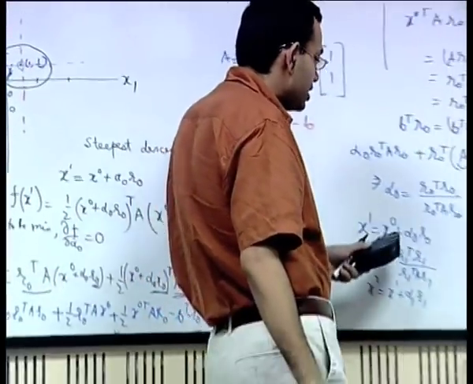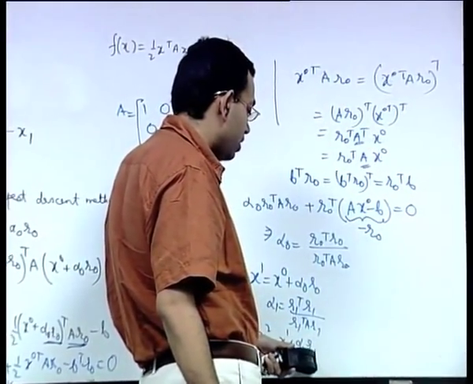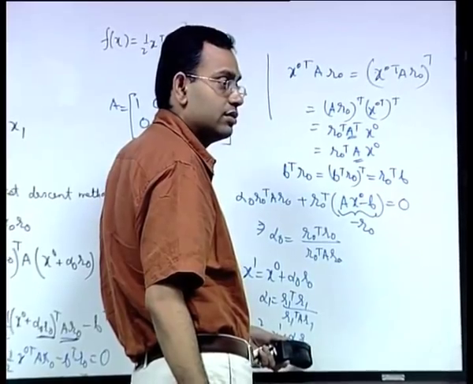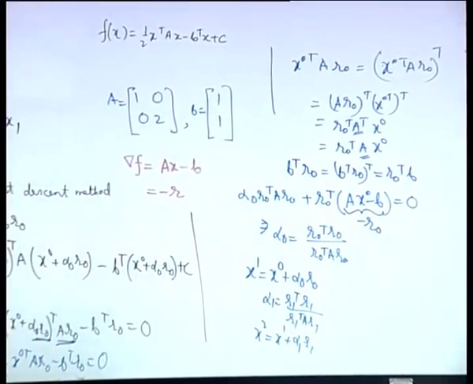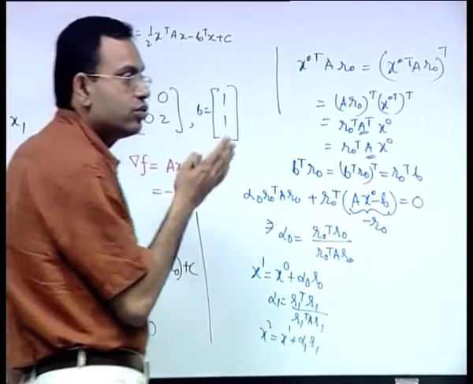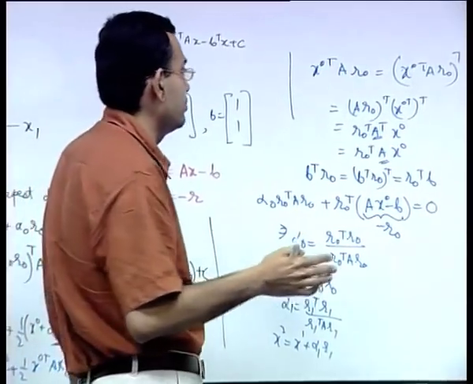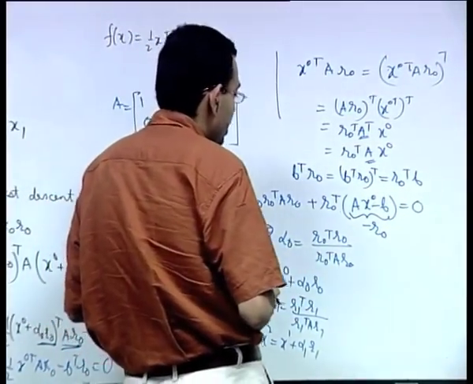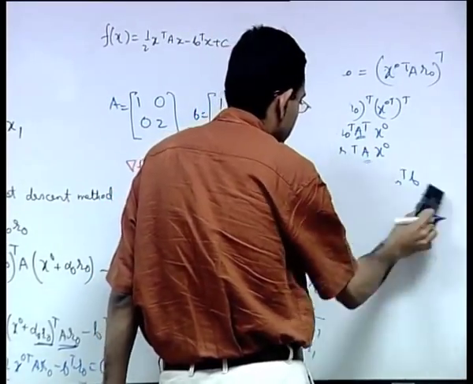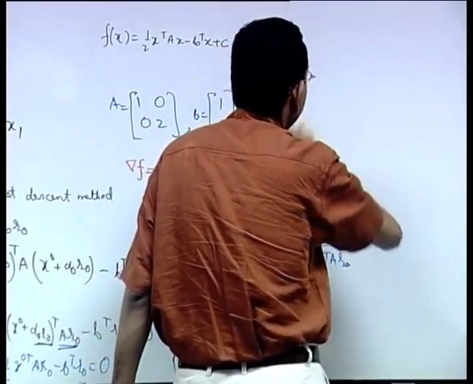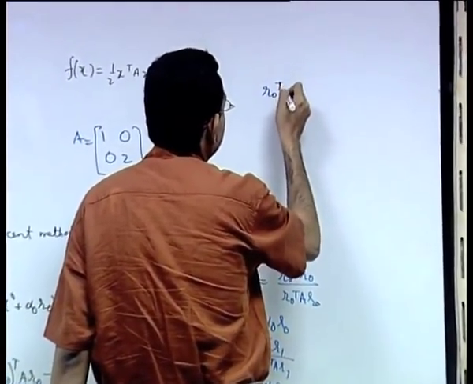So in the first step you move along the direction r0, in the second step you move along the direction r1. Interestingly, there is a very important relationship between these two subsequent directions, direction of r0 and direction of r1. To understand that, let us calculate r0 transpose r1.